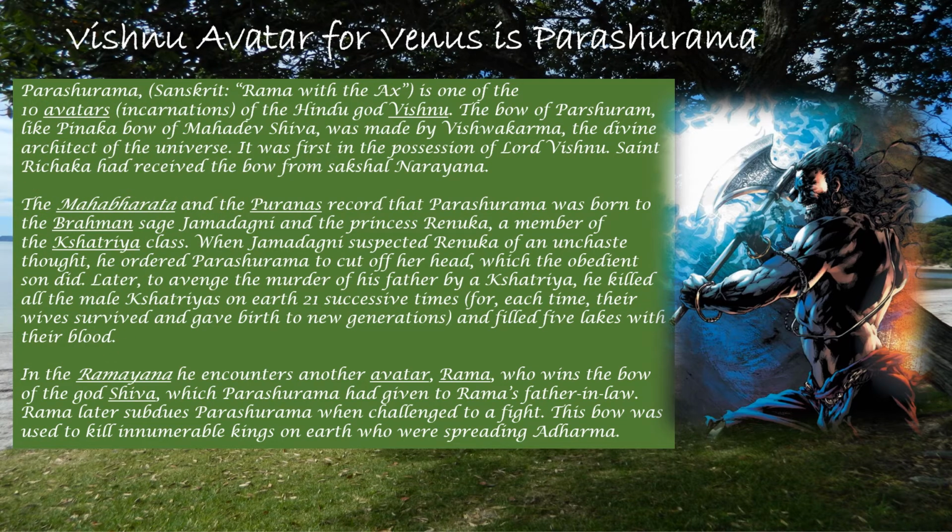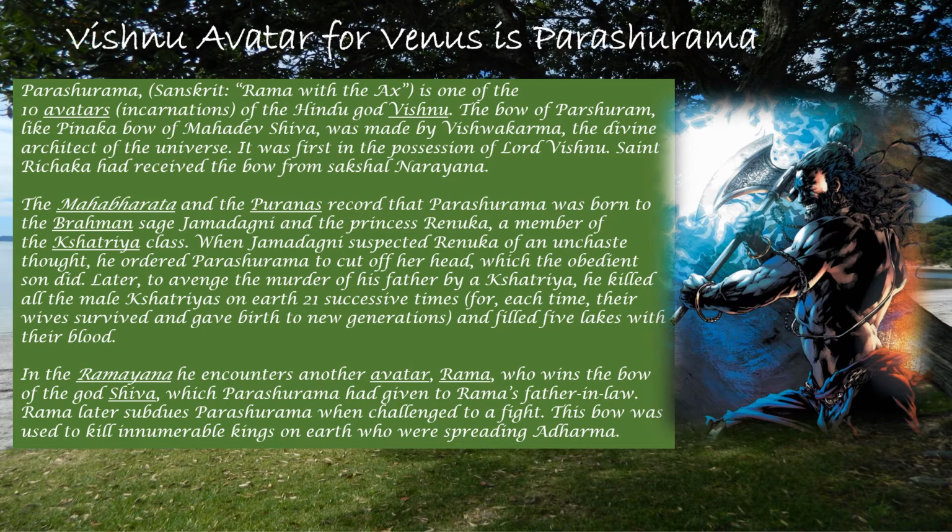The Vishnu avatar for Venus is Parasurama, and Parasurama really means, from Sanskrit, Rama with the axe. And this bow was first held by the Hindu god Vishnu, and then it went down to Narayan.